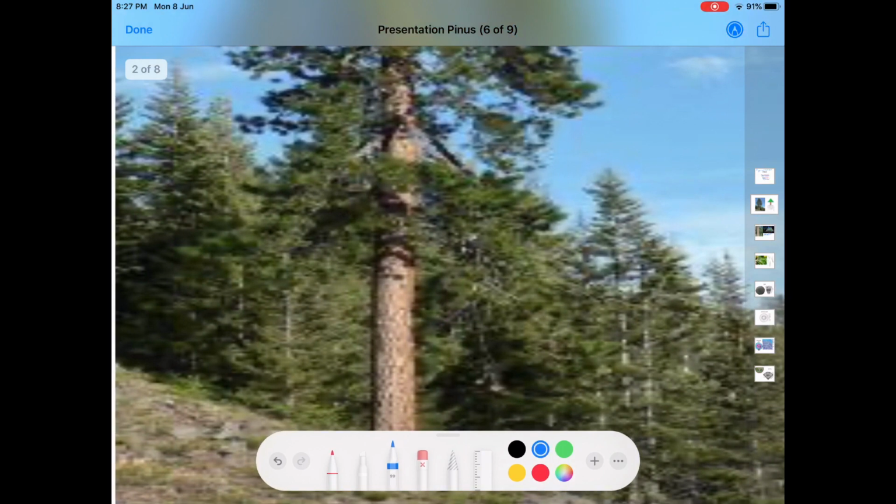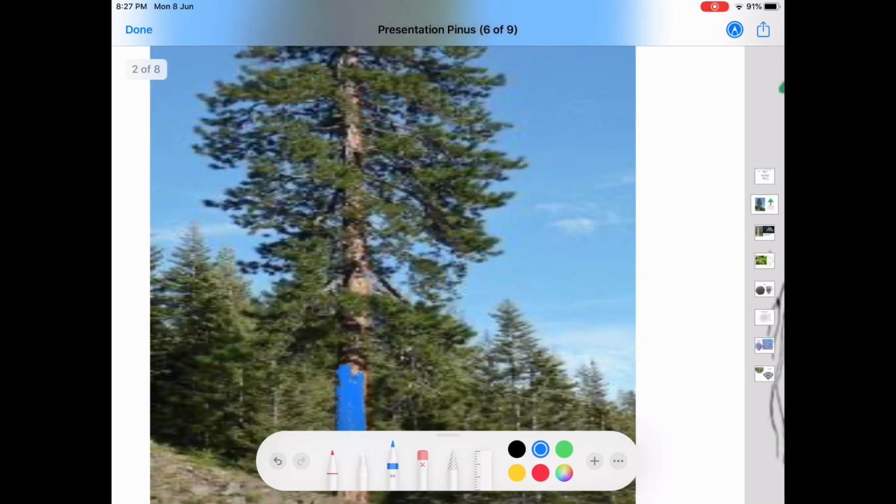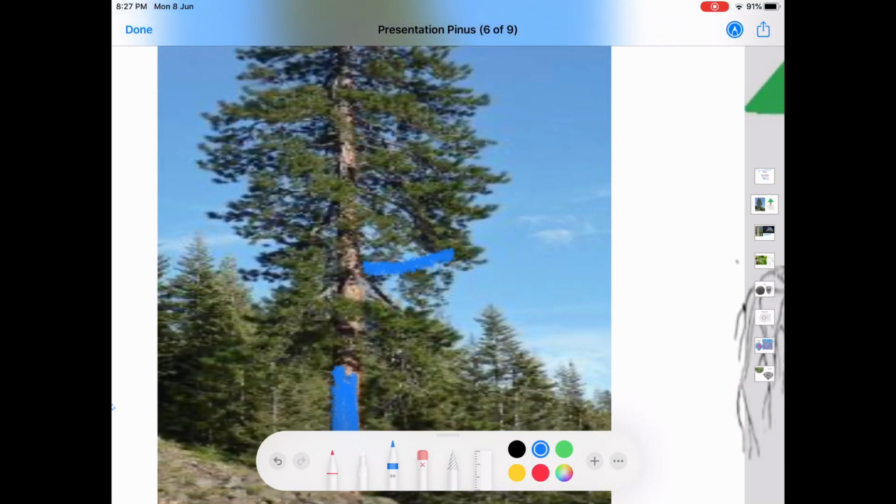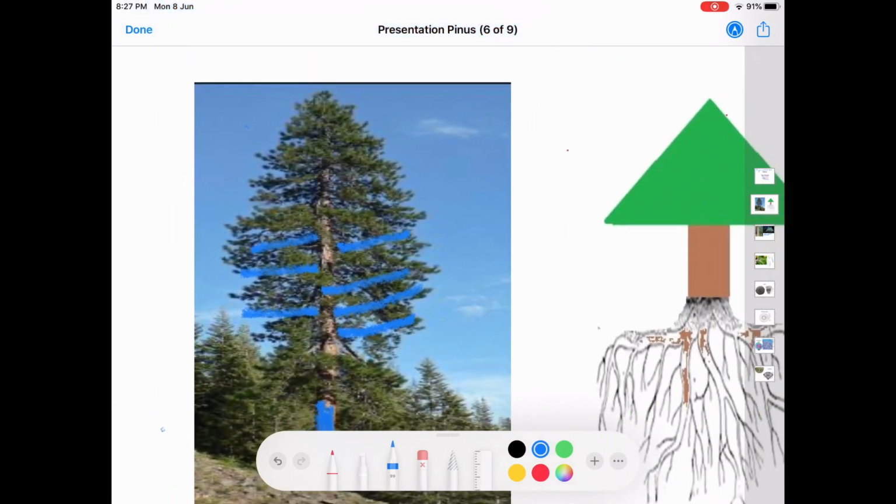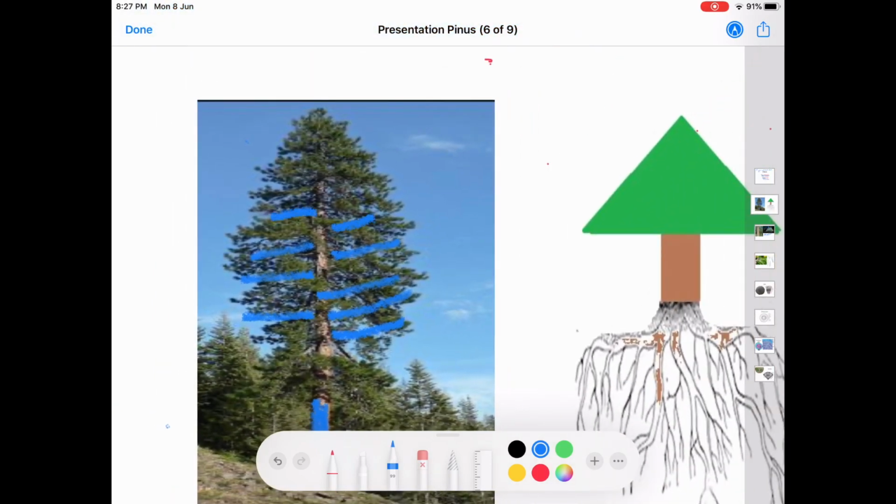Here you can see the main stem, and the branches of unlimited growth are arising from the main stem. It will taper towards the apex, and the plant is given the conical or pyramidal shape.